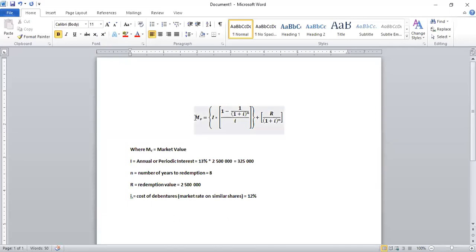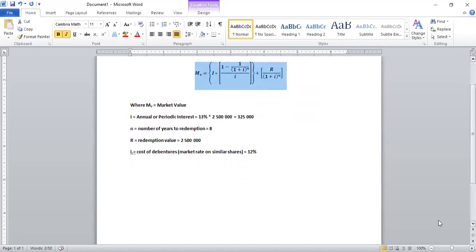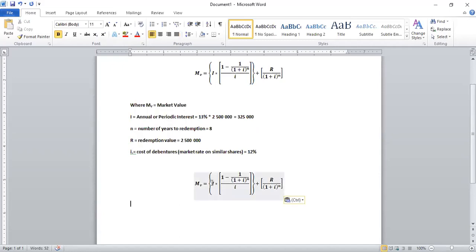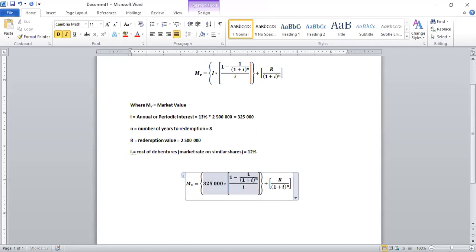So now, in this particular case, we can replace our parameters and say, right, our MV: our I is 325,000. Our small i is 12%, so that will be 0.12. Our N is 8. Our small i is 0.12.